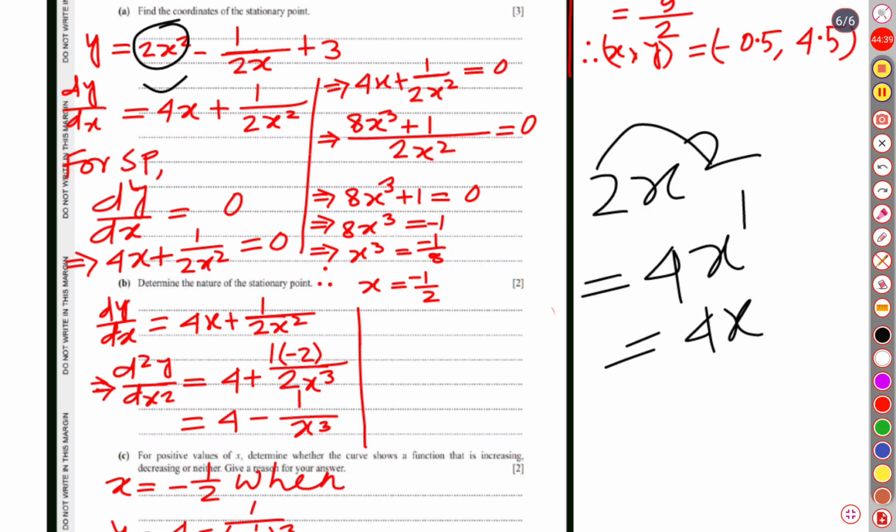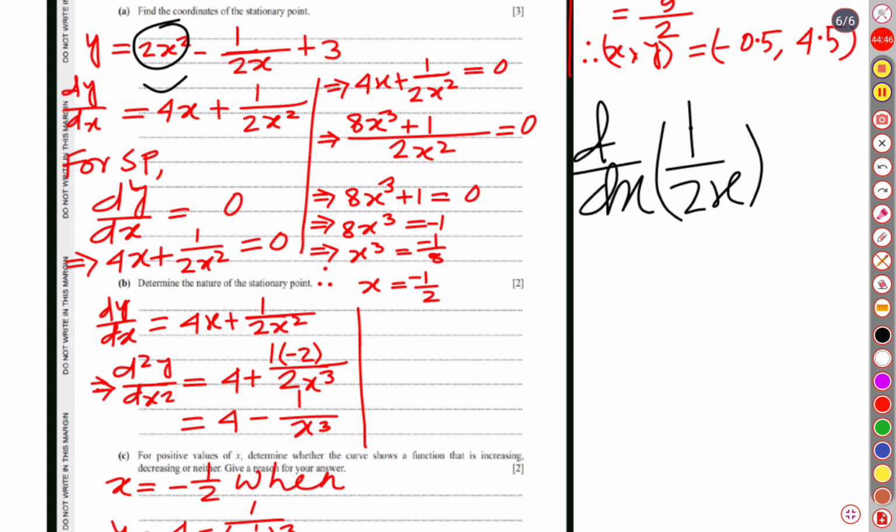Then 1 over 2x. Let's find the derivative of 1 over 2x. It's a little bit more complicated. So d over dx of 1 by 2x. Look, it can be written rather this way. Half is here. Okay, what about this x?